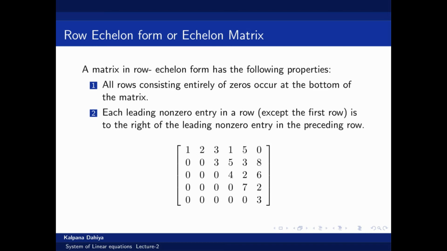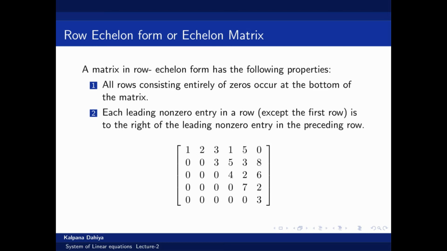Consider the following matrix A. This is in echelon form. In the first row, the leading non-zero entry is 1. In the next row, the leading non-zero entry is 3, and it is to the right of the first non-zero entry in the first row. Similarly, in the third row, the leading non-zero entry is 4, and it is to the right of the second row with leading non-zero entry 3. Similarly for the fourth row and the fifth row, all these conditions are satisfied.